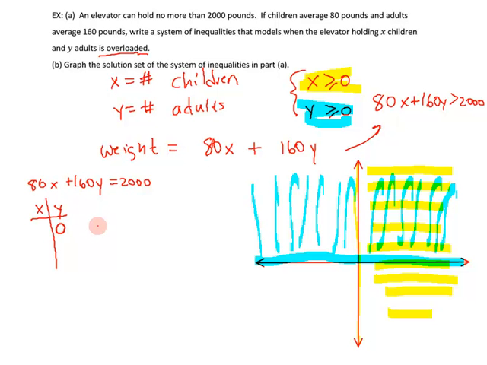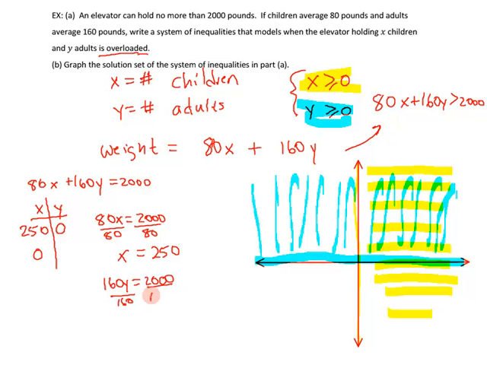If I plug in 0 for y, I get 80x is equal to 2,000. Dividing both sides by 80, x is equal to 250. If I plug in 0 for x, I get 160y is equal to 2,000. Divide both sides by 160, I get y is 12.5.